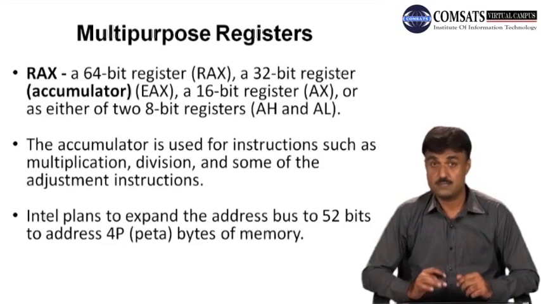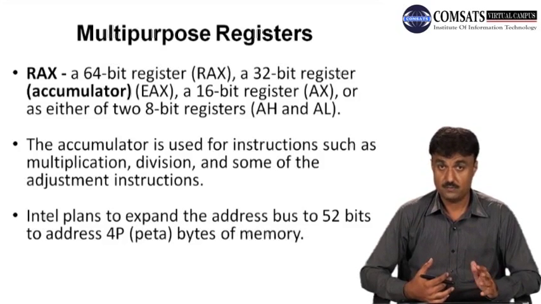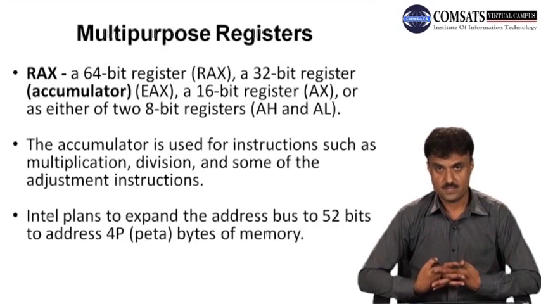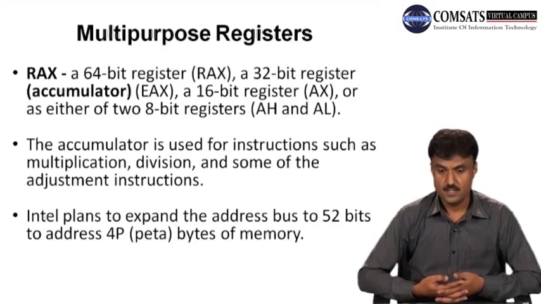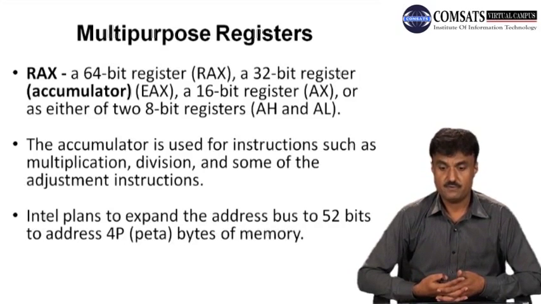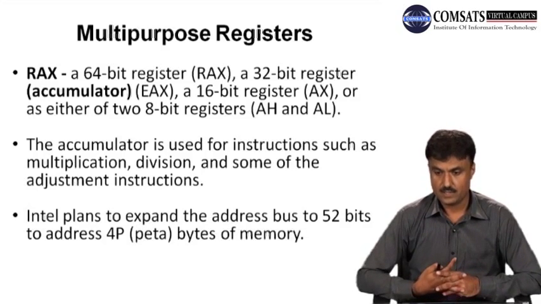Okay, if you want to study any processor, the first register that you will study is the accumulator. The accumulator has different names. For the 8-bit architecture it's called A, but in 16-bit architecture it has AL and AH.